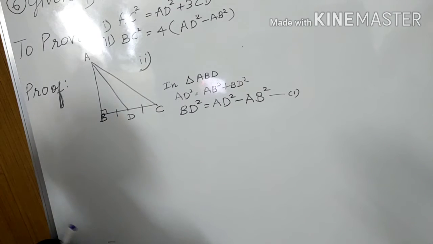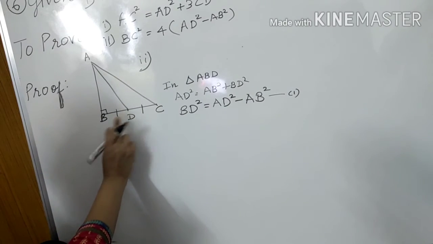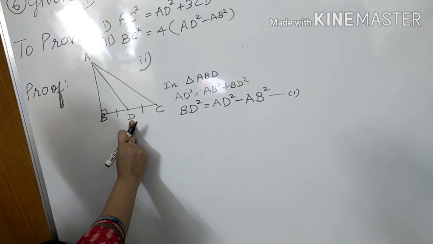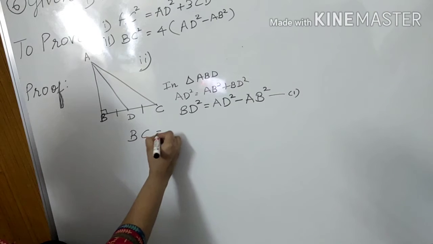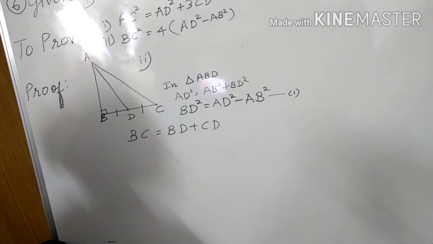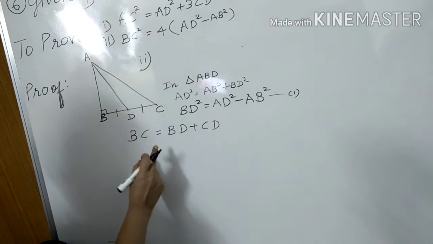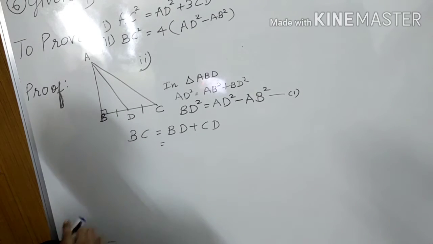Now, as you know, this is the figure. What is the BC value? BC is nothing but BD plus CD. So I will write here BC is equal to BD plus CD. Now here these two are equal parts. So instead of CD, I can write BD here.